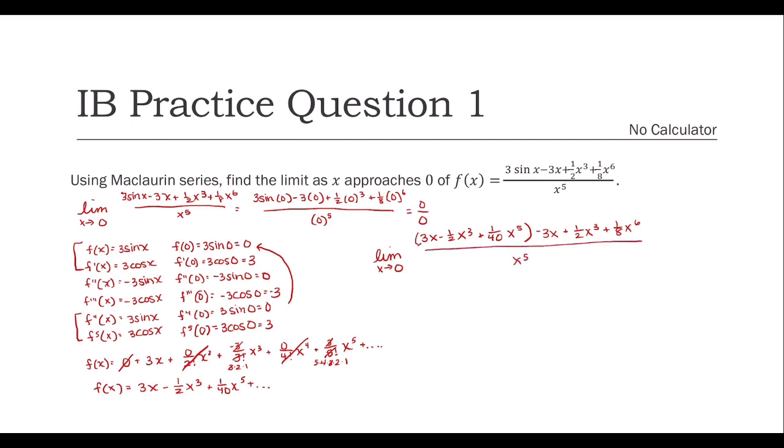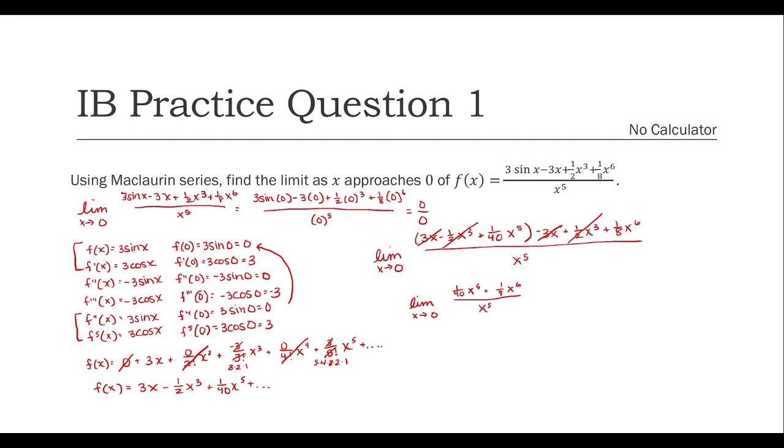So we have 3x minus 3x, which is 0, negative 1/2 x cubed plus 1/2 x cubed, which is 0. So we have the limit as x approaches 0 of 1 over 40 x to the fifth plus 1 over 8 x to the sixth all over x to the fifth.